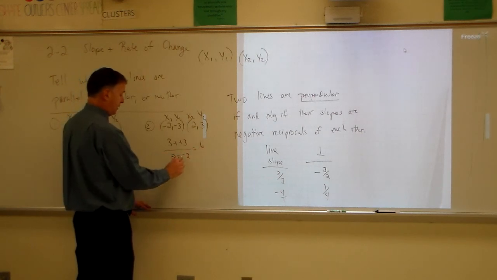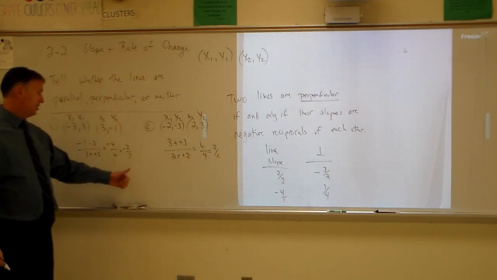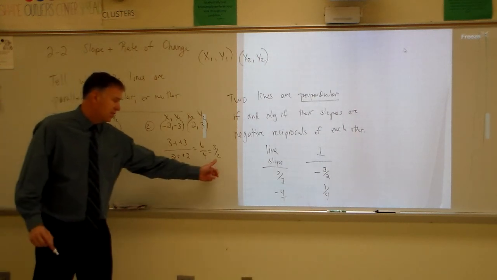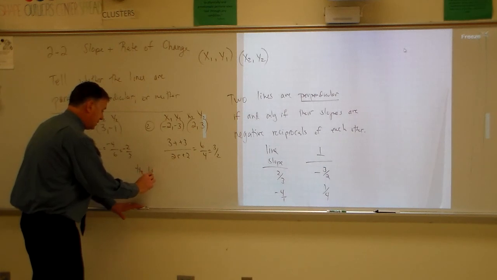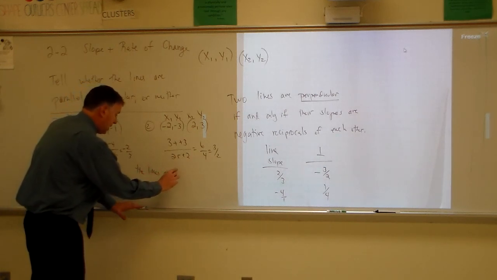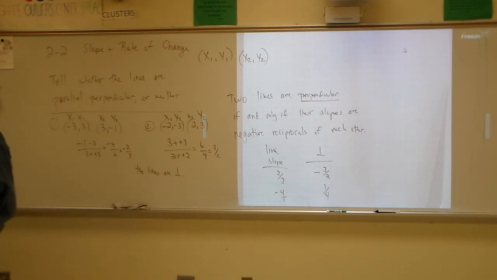So that's going to be 6 over 4, which is 3 over 2. This is -2/3. This is 3/2. So I would say the lines are perpendicular.